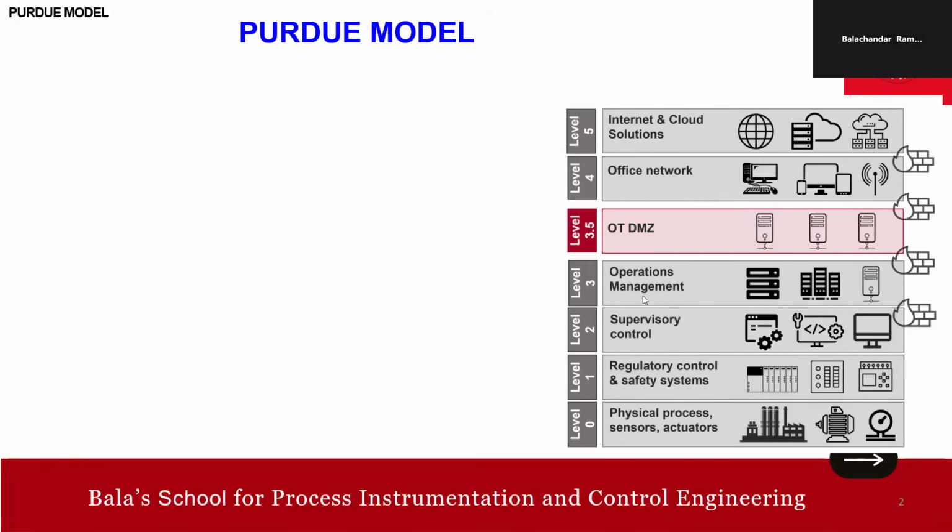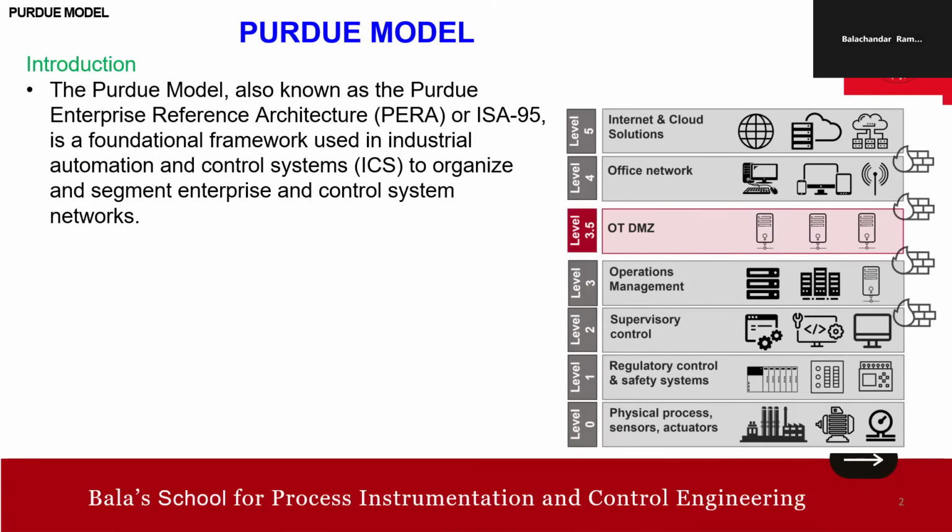Purdue model. What is Purdue model? Purdue model, also known as Purdue Enterprise Reference Architecture, that is PERA, or ISA 95. It's a foundational framework used in industrial automation and control systems. What for? To organize and segment enterprise and control systems, control networks.